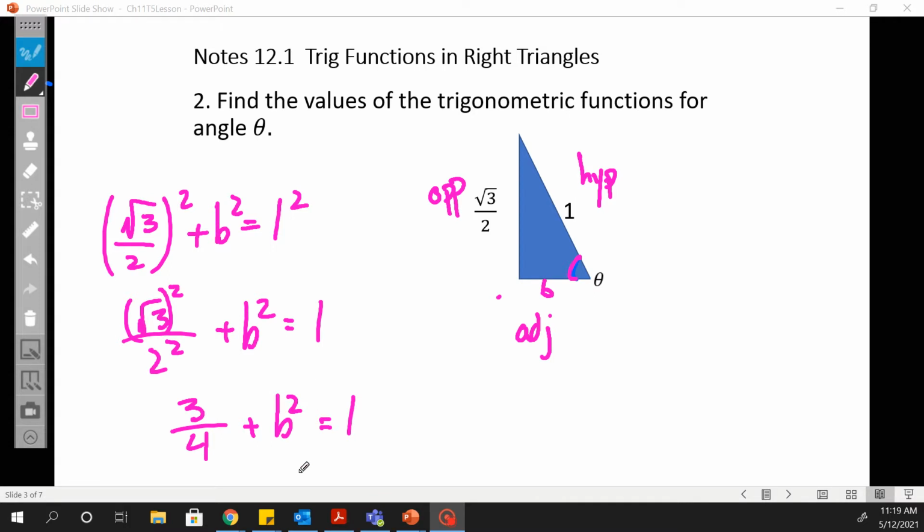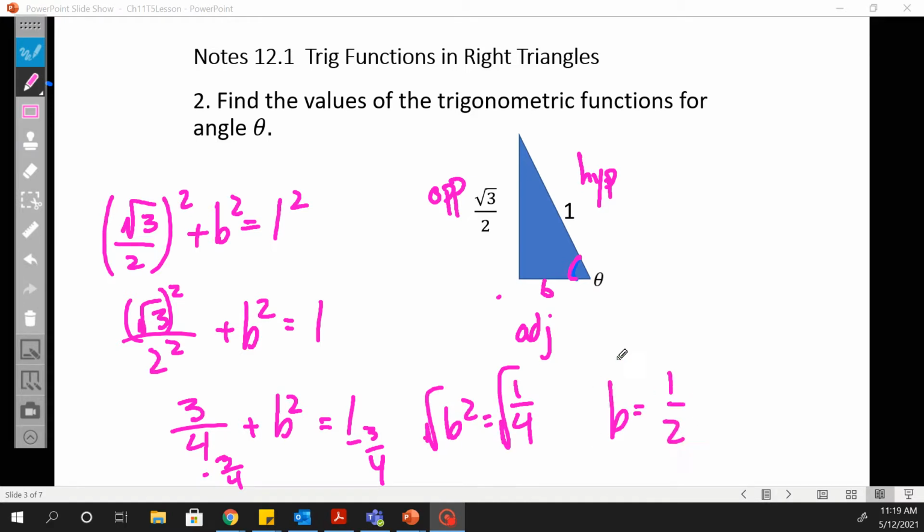Solving for b squared, we subtract 3 over 4. So 4 over 4 minus 3 over 4 is 1 over 4. Square root both sides. So we get b is equal to 1/2. So this side right here, the adjacent side, is 1/2.